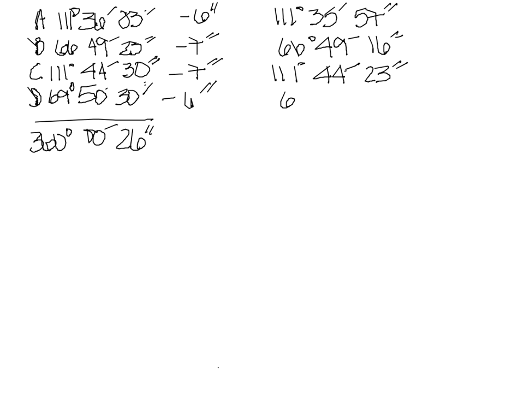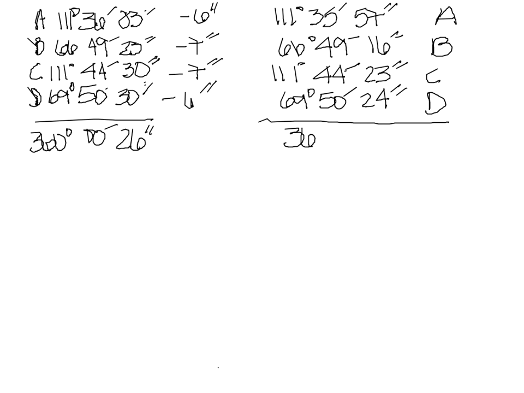That's not going to create a problem. So 50, 24. These are now my balanced angles for A, B, C, and D. Okay? And this does sum to 360 degrees.